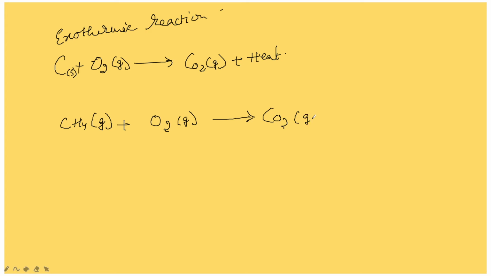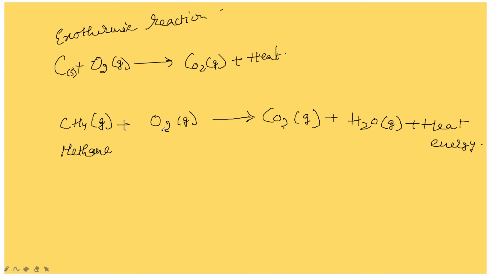Carbon dioxide is a gas, plus water. Water is a gas. Along with this, heat energy is also produced. A large amount of heat energy is also produced. What is it? Methane.